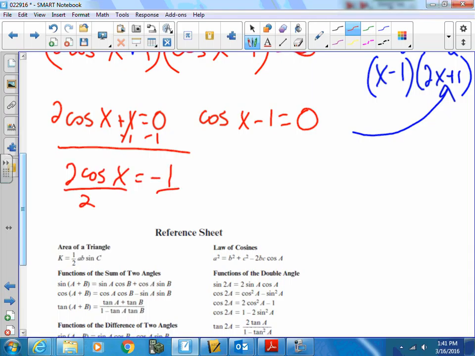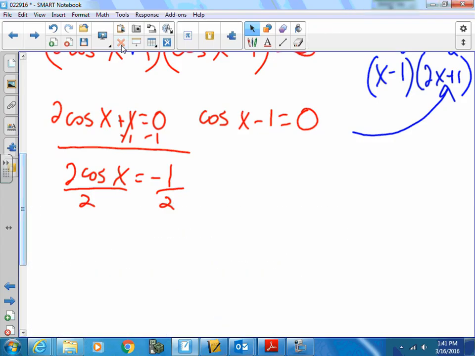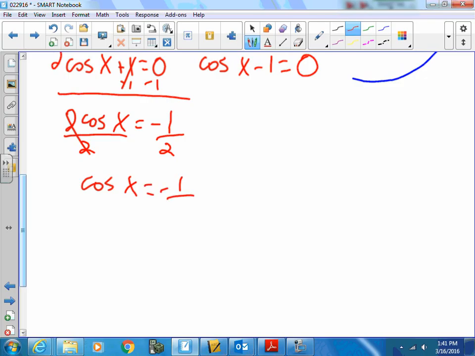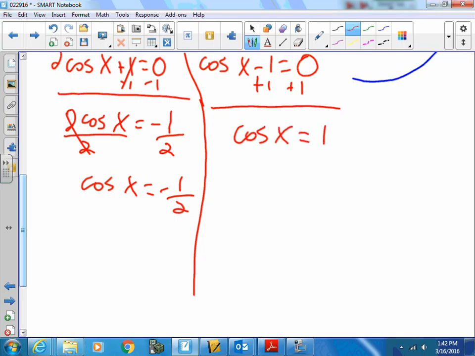Then divide by 2, and we have cosine of x is equal to negative 1/2. Let's do the other one before we finish. We add 1 here, so the cosine of x is equal to 1.